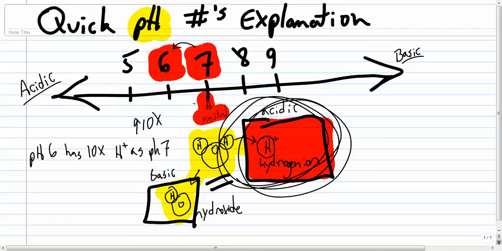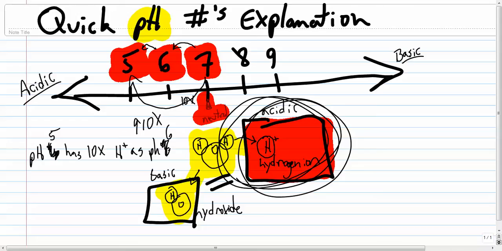And the same thing happens if you go one more step. If you go from a 6 to a 5, then you wind up being able to say that something with a pH of 5 has 10 times as many H plus ions as the pH of 6. So what does that mean? What if we compare 7 to 5?